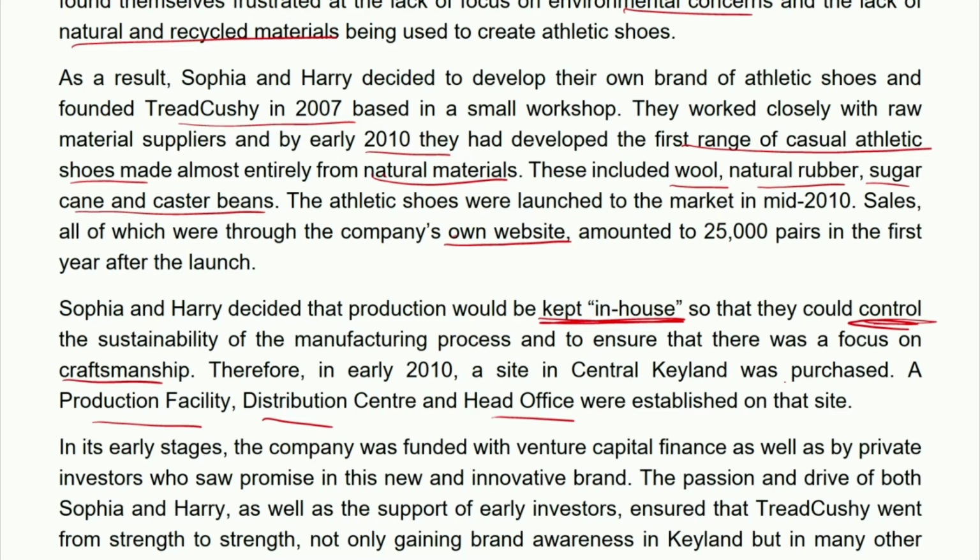In the early stages, the company was funded with venture capital finance, as well as by private investors who saw promise in this new and innovative brand. Venture capitalists get involved in businesses for the short to medium term. So you're looking at sort of 3 to 5 years involvement typically. When they see a business that they believe they can help grow significantly, they invest in that business to capitalise on that growth.